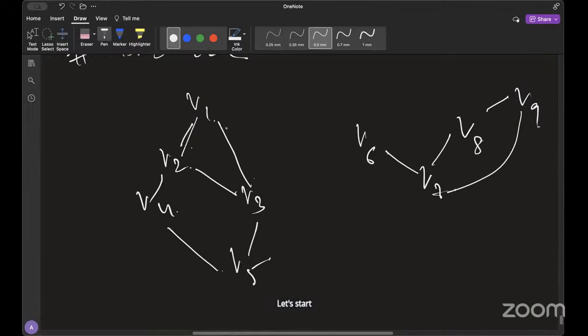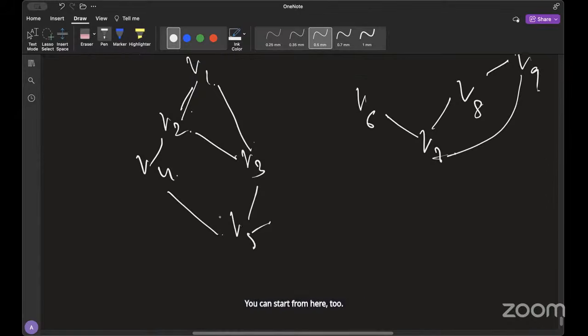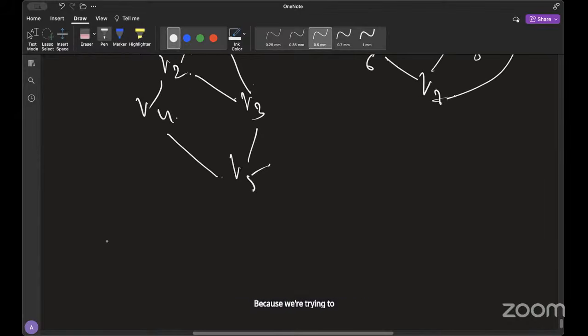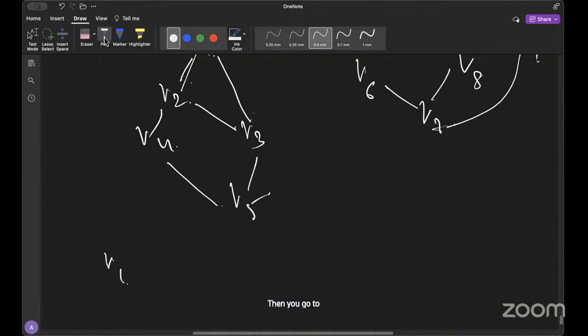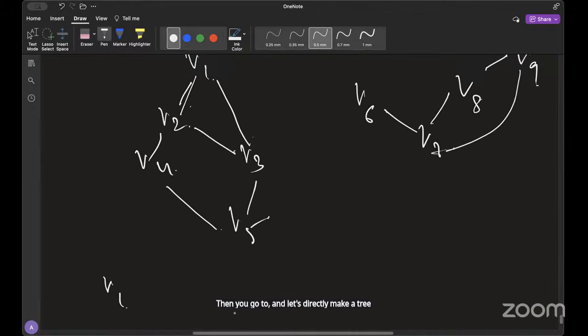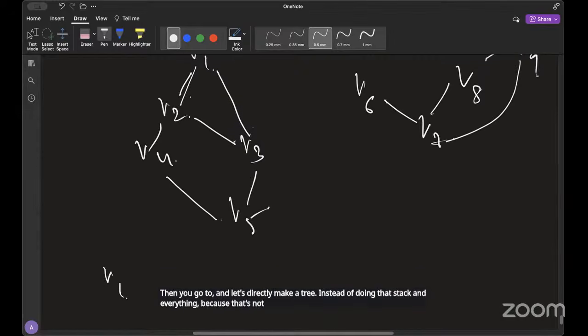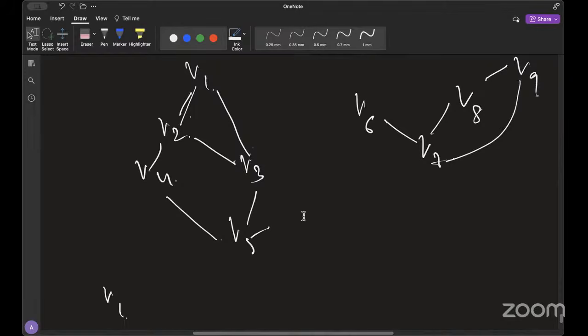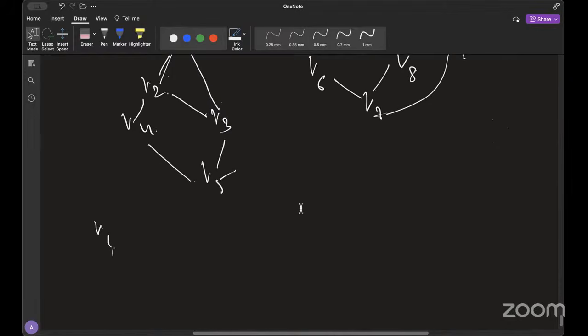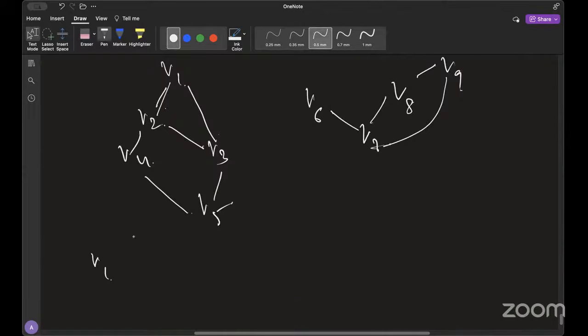Let's start with some other vertex instead of V1. You can start from here too. That's also fine, because we're trying to identify components. Let's directly make a tree instead of doing that stack and everything, because that's not needed. So you start from V2.